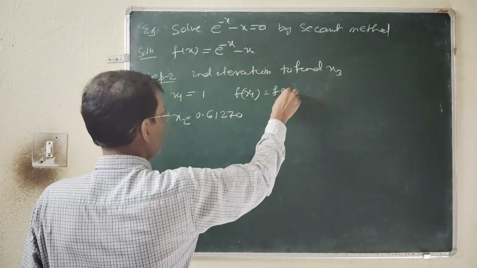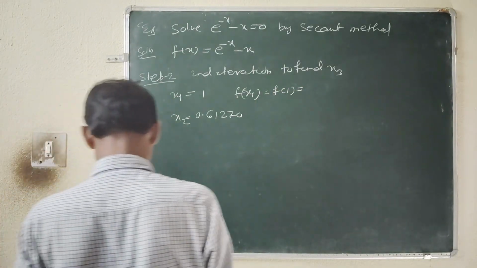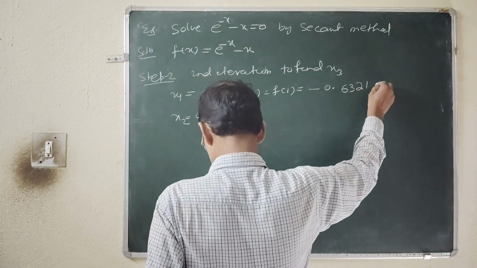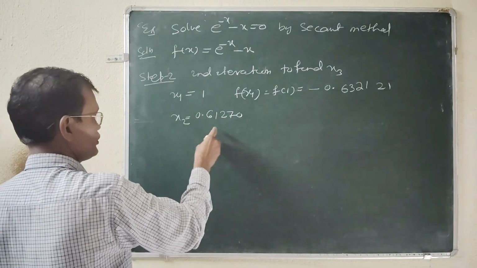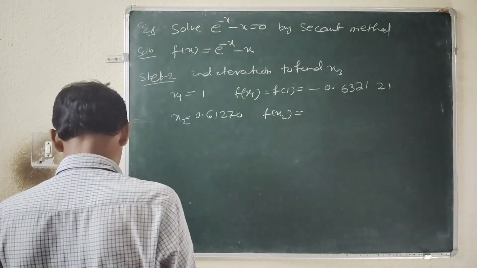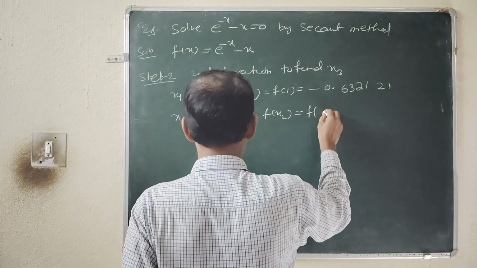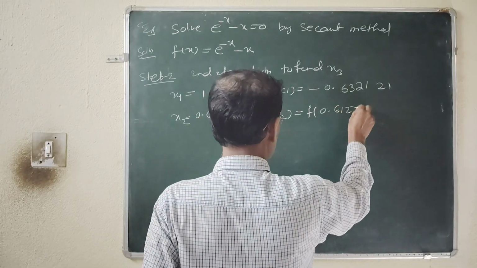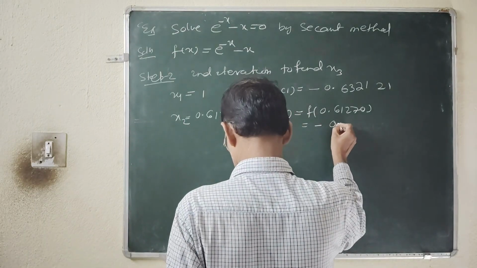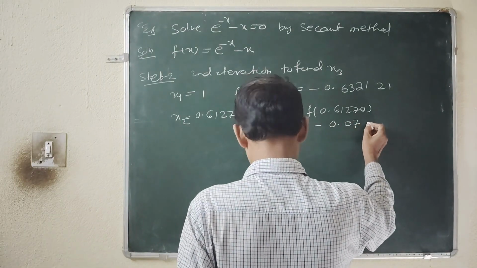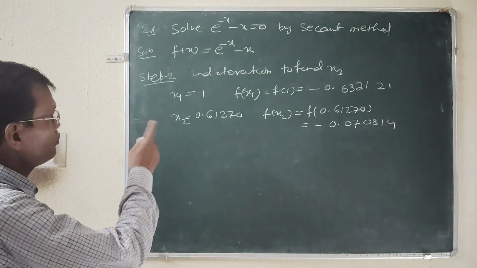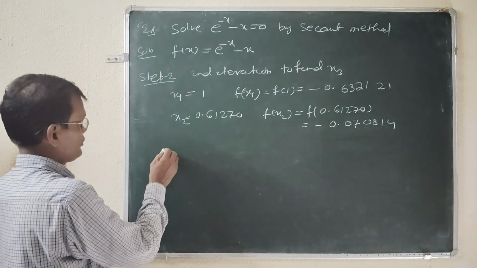That is f of 1, that is minus 0.632121, and x2 is this, so f of x2 is f of 0.61270, that equals minus 0.070814. Okay, so once we know x1 and x2, we have to calculate x3.